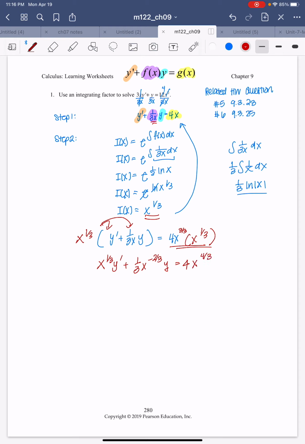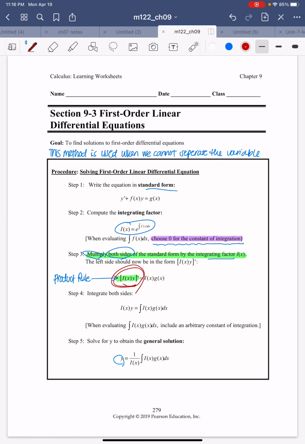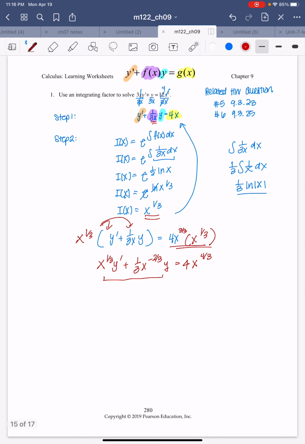Okay. Now, we are going to rewrite this. This is going to be reduced down to always the integrating factor times the y, whole thing to the prime. So this is the trick and observation that I want you to see. Well, our integrating factor was x to the 1/3. So it will be x raised to the 1/3 times y, whole thing prime, equal to 4x to the 4/3.